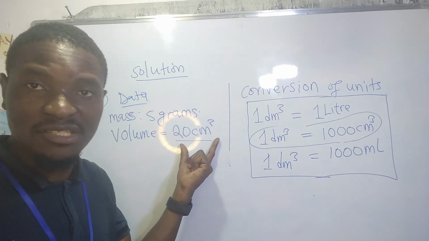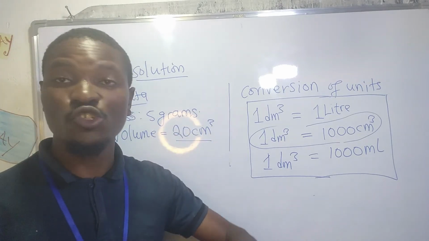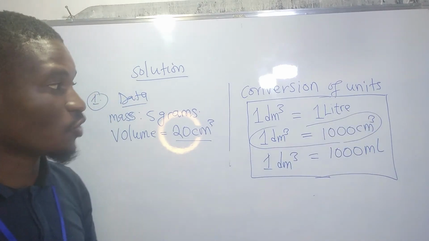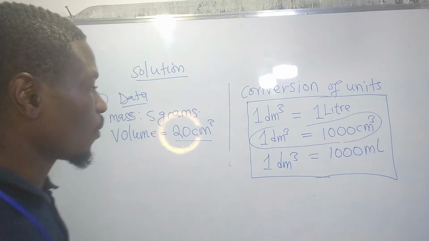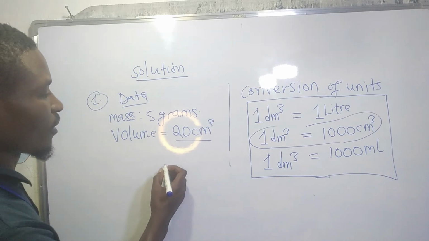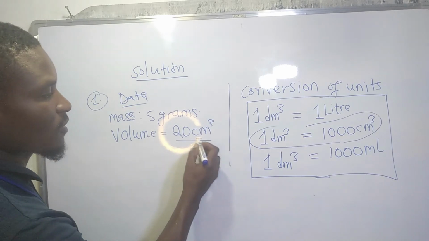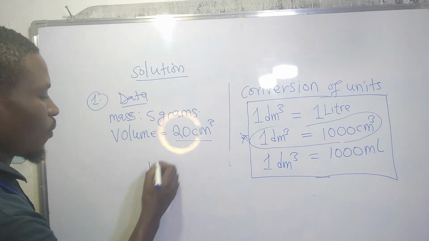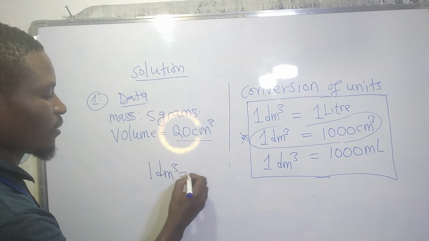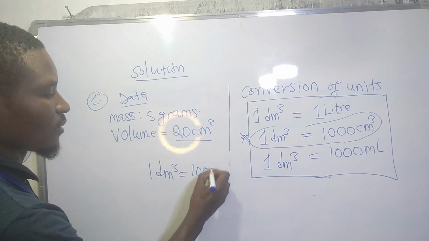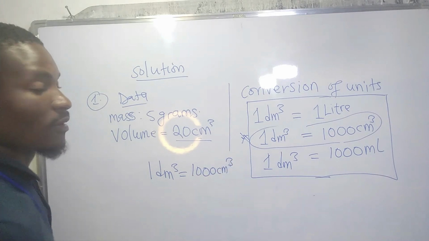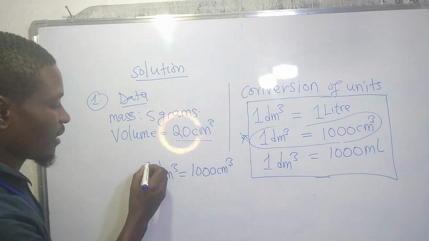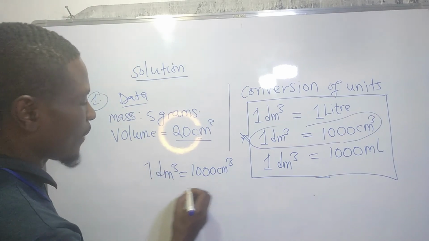So we have to change this volume and turn it into cubic decimeters, using the concept we have talked about. 1 cubic decimeter equals 1,000 cubic centimeters.